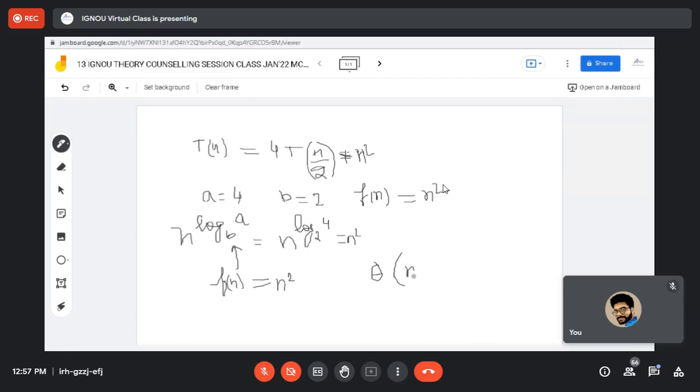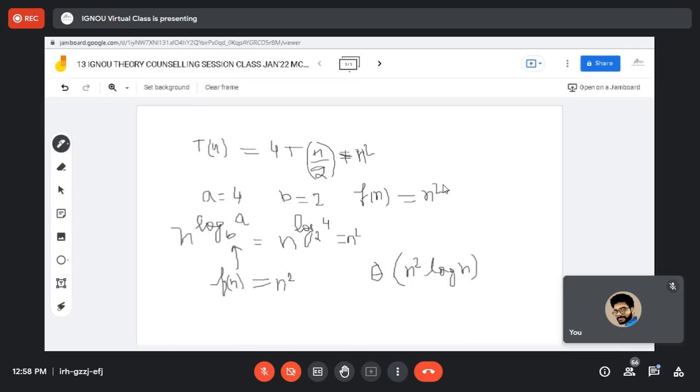So that value is n square, and multiply log n with it.